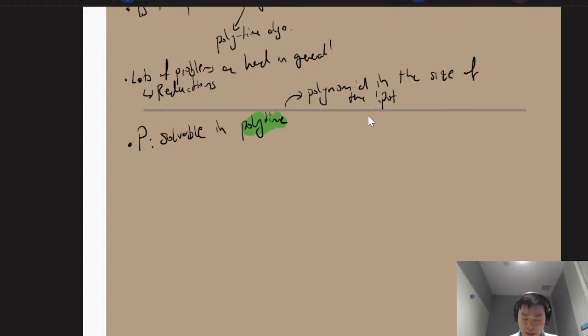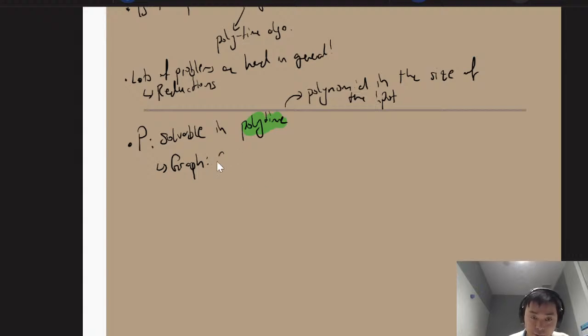Right. So if you have an input, for example, an array of n integers, then we would like the algorithm to run in some polynomial in the size of the array. If your input is a graph, then we say that it's polynomial time in terms of its vertices and its edges.